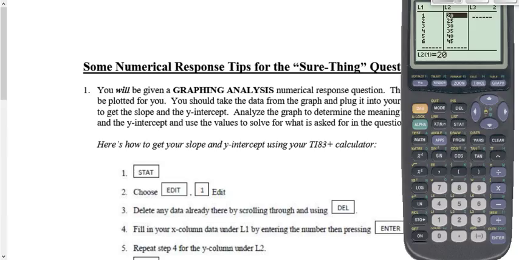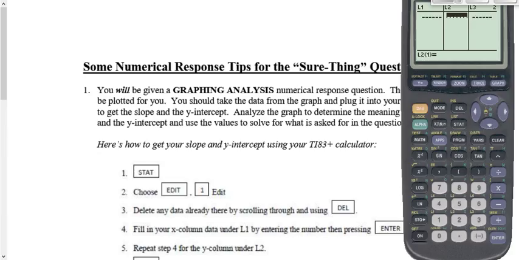Now, I've got some data in there already. I'm just deleting it. You shouldn't have any data in there. That's the other reason why I had you reset your calculators, because it takes all that data that's in there out. So when you open up the stat edit, it should look like what it's going to look like next Thursday when you do this.